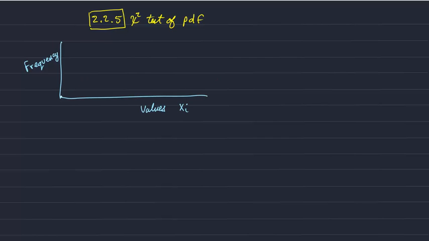And let's just say our test or known curve is a simple curve that looks somewhat Gaussian. This is our test frequency distribution from the test PDF.